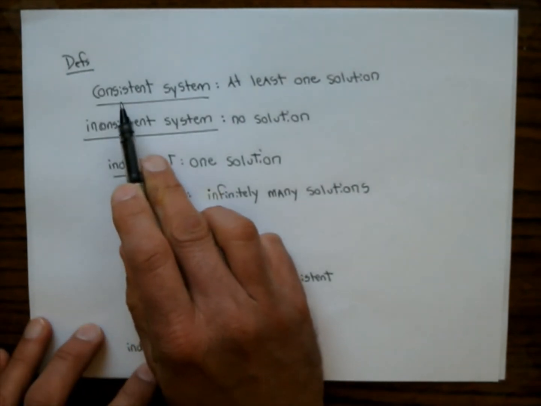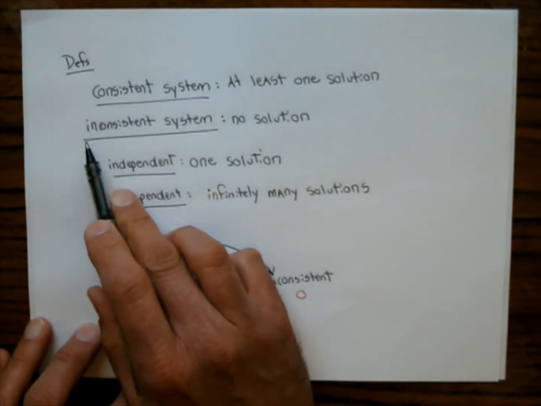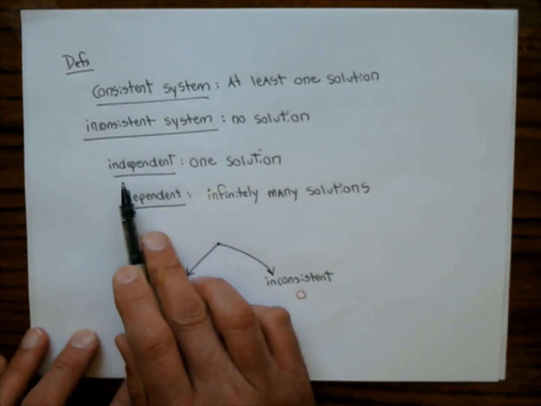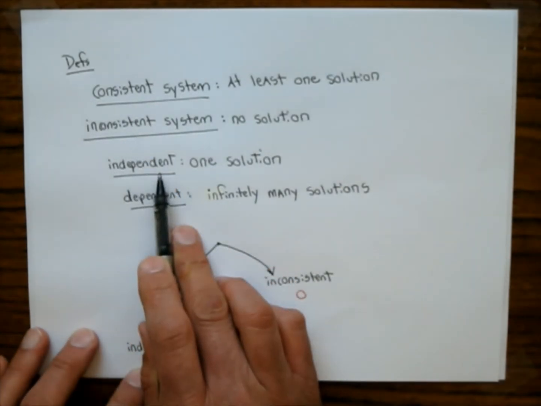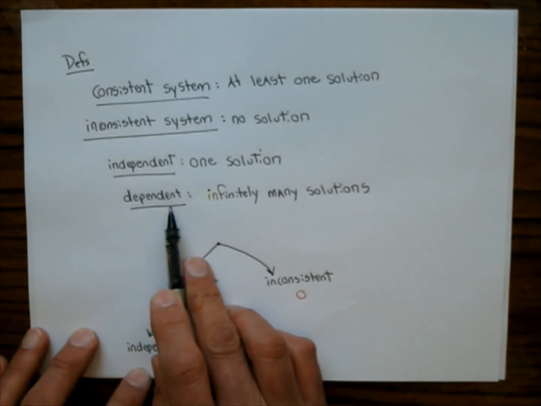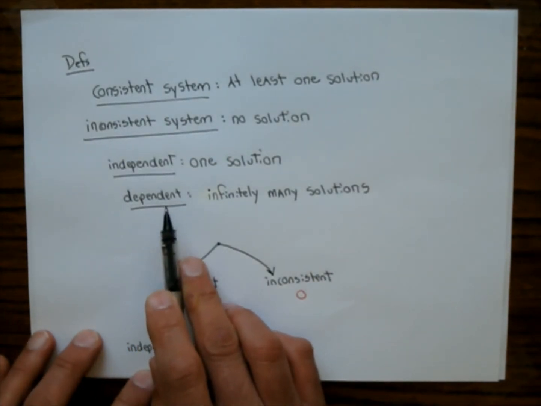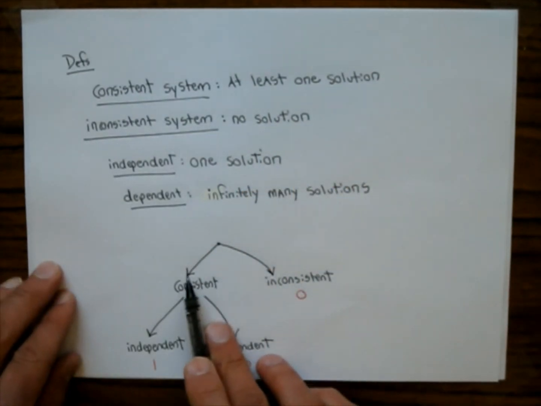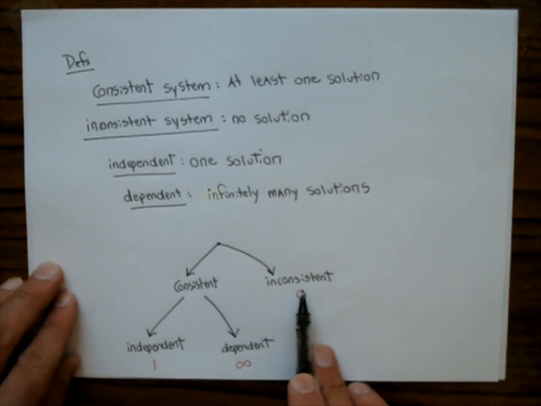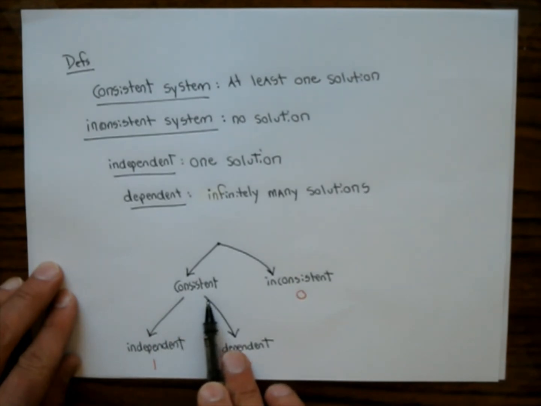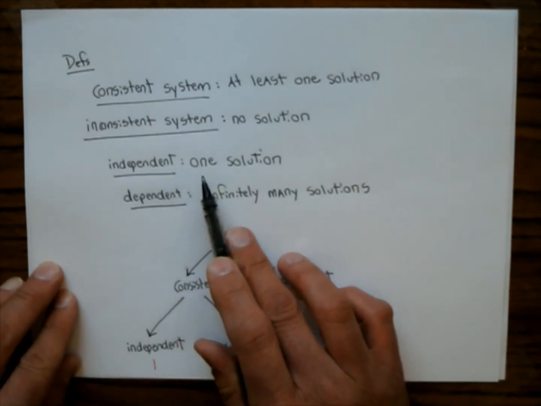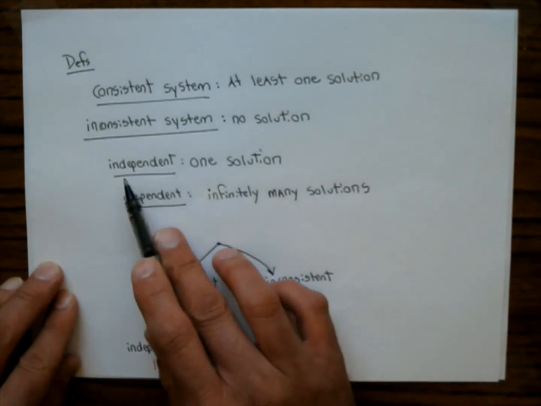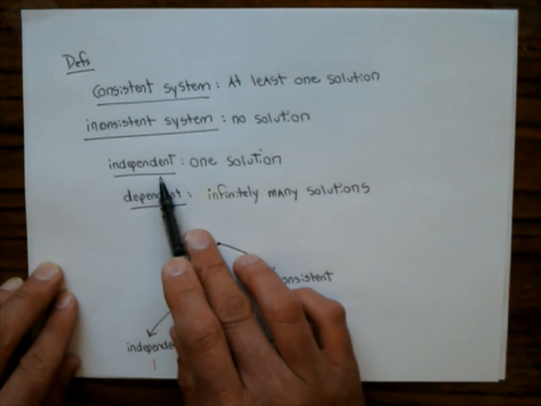So your system is either going to be consistent or inconsistent. And then your system is either going to be independent or dependent, if it happens to be consistent. So we have this diagram right here. You're either consistent or inconsistent. And if you're consistent, then if you have one solution like we did, then it's called independent.